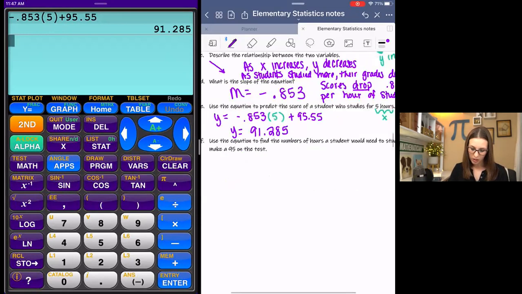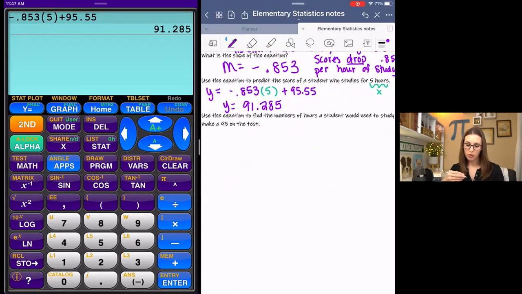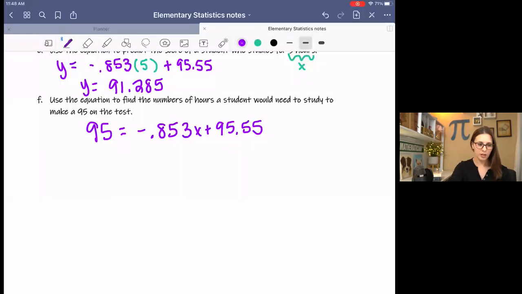Now the next one: use the equation to find the number of hours a student would need to study to make a 95 on the test. In this case, now we're given the score and we're looking for the hours. So I want you to pause it and try it. Hopefully you have set it up like this, where the y value is 95, and then we're going to have to do a little bit of solving.